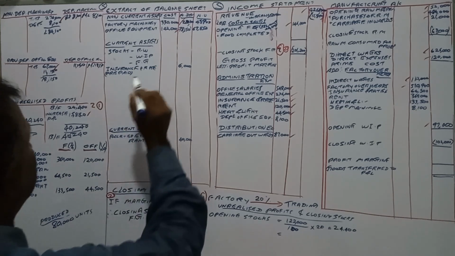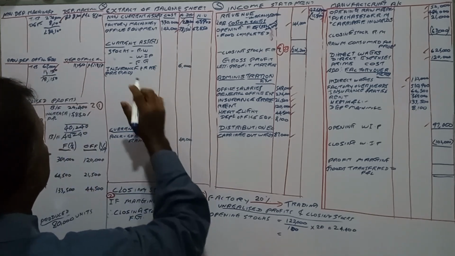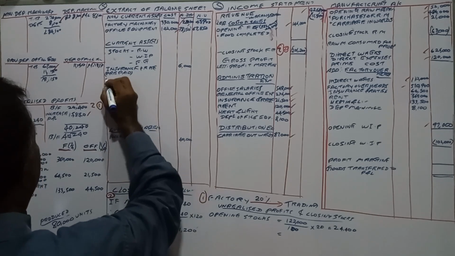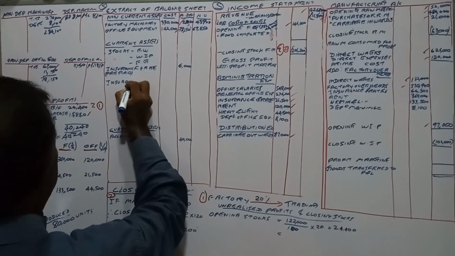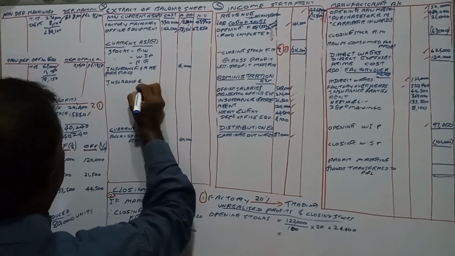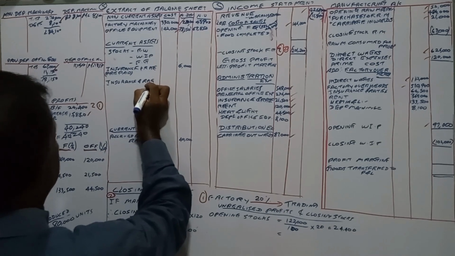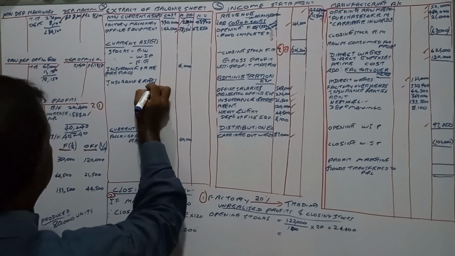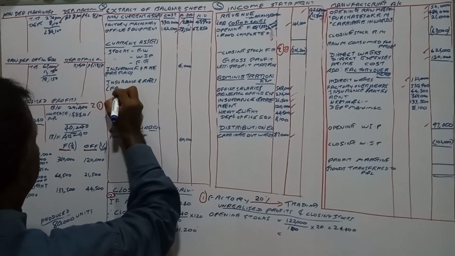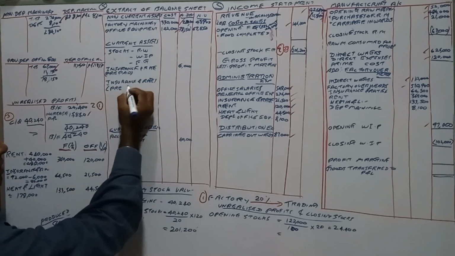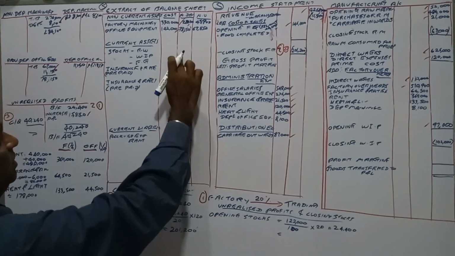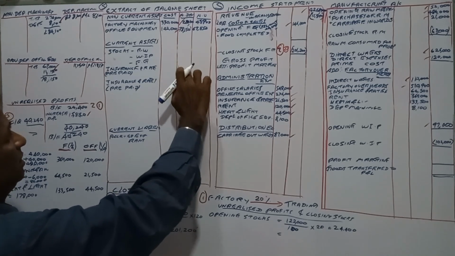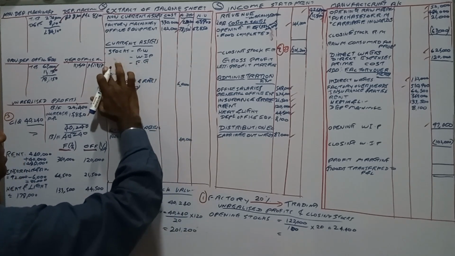This unrealized profit, what you have to do is, finished goods, you are taking finished goods, we have to bring it down here. Insurance and rates, prepaid, this is 6,000. So we are just raising this.